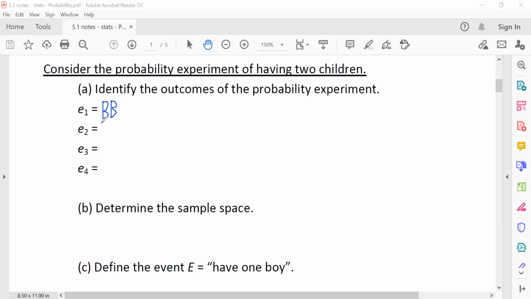The next event is that you have a boy first and then a girl second. The next event is that you have a girl first and a boy second. And then the last event is that you have two girls. GG.